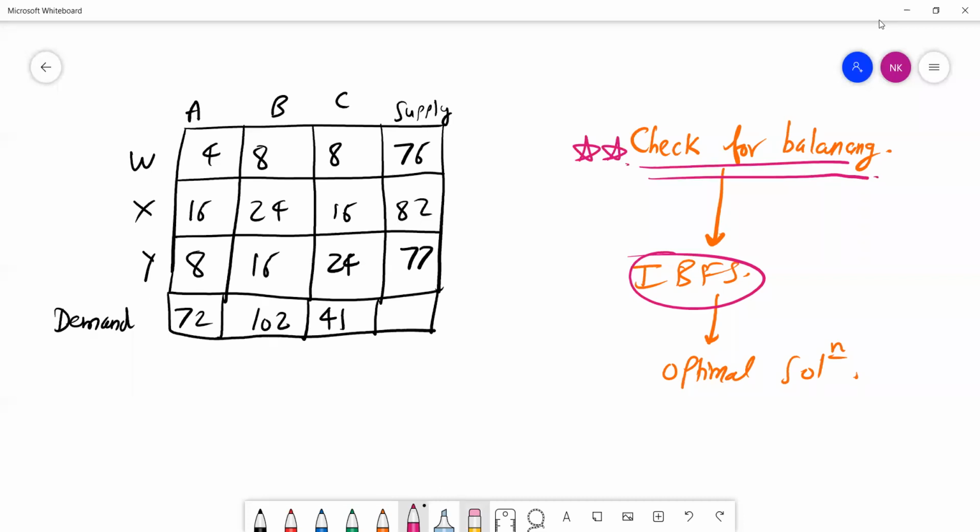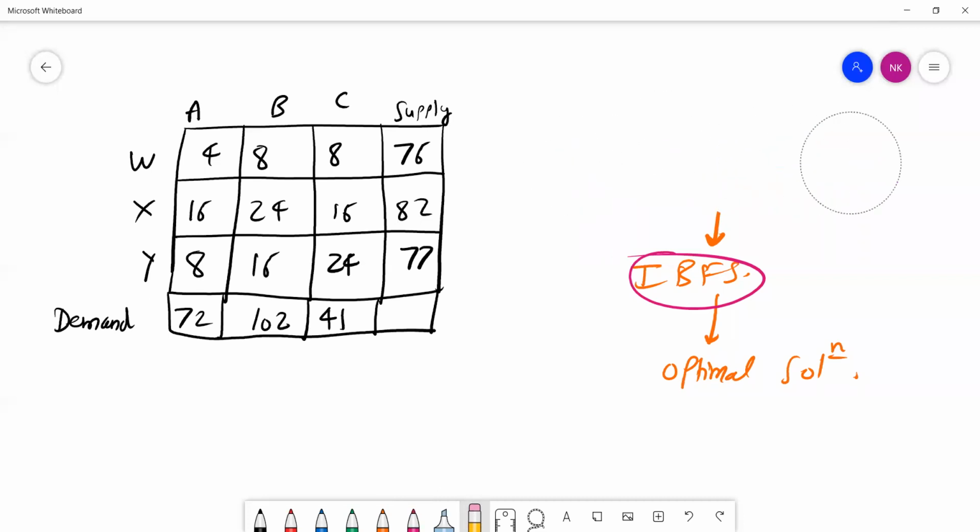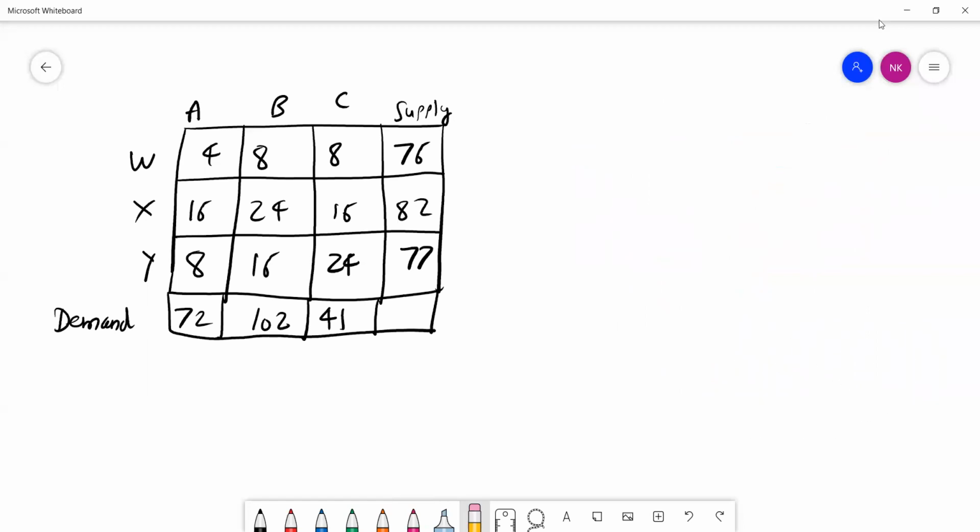Check for the balancing. If you look over here, the problem is not balanced. So what I will be doing, I will be adding one more column over here in order to balance the problem. It is a column unbalanced. So I will be writing the supply 76, 82, 77, and I will be erasing all these values.